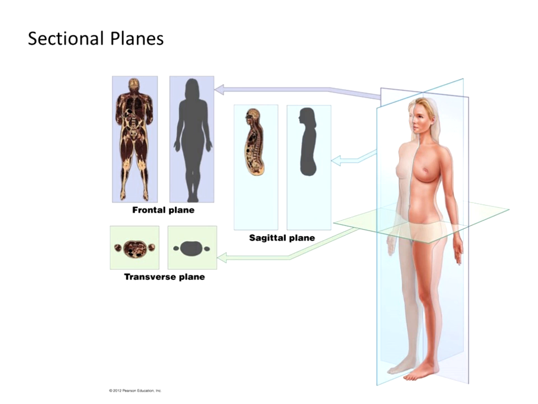If I want to cut so that I get a top and bottom, I am going to cut on the transverse plane. And the transverse plane, again, if you cut on the axis of the body or along the spinal cord, you can say something is above and below, so superior and inferior. If you cut on the transverse plane on your arm or your leg, you would say sections are proximal or distal.